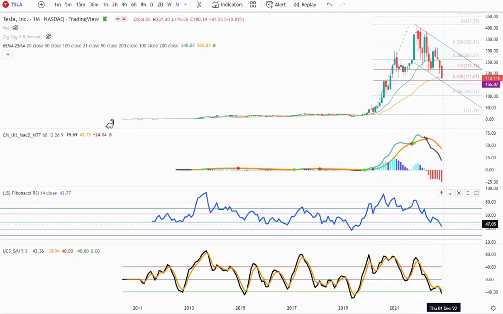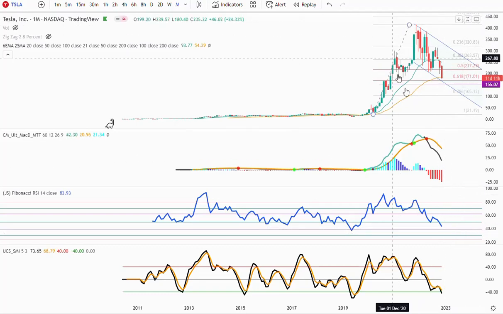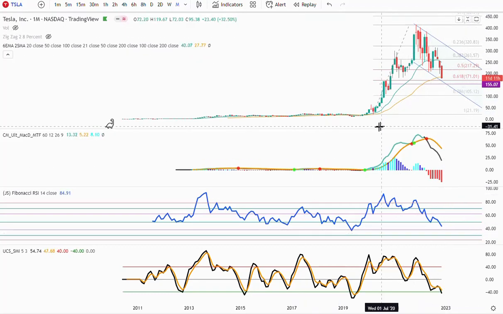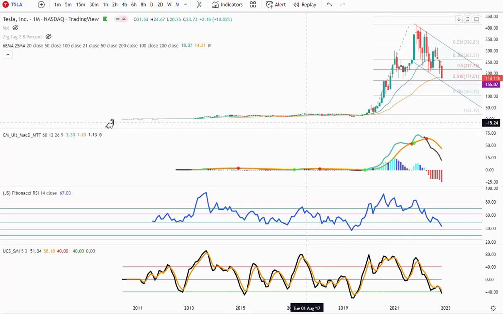Now for the first time, after it bounced up from the monthly 50, it has fallen below the RSI 50, which is not good. But previously, I see that RSI bottomed at this level, at this purple line, which is 38.2. It's a fib level.